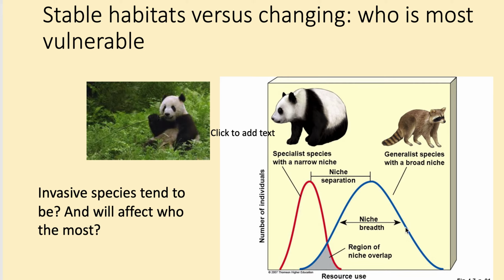So you don't have a lot of competition in terms of food. The generalists will be able to eat different types of prey and possibly move around different forms of habitat, while a specialist has a very narrow niche, okay? Only eats specific things and lives in a specific habitat.